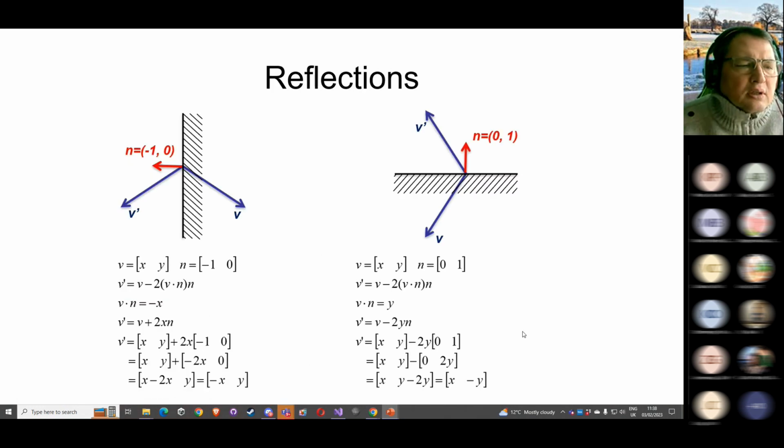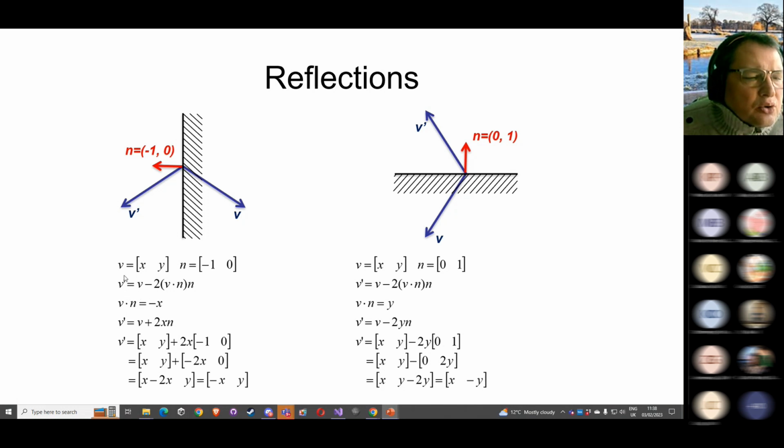One more final thing. I don't want you to necessarily go through all these maths unless you wish to do so, but just to show you that this formula is really working also for our standard collisions. This is the collision against a vertical wall. If this is a vertical wall, then the normal vector is -1, 0, pointing leftwards. So V is x, y, n is -1, 0. The formula is like this.